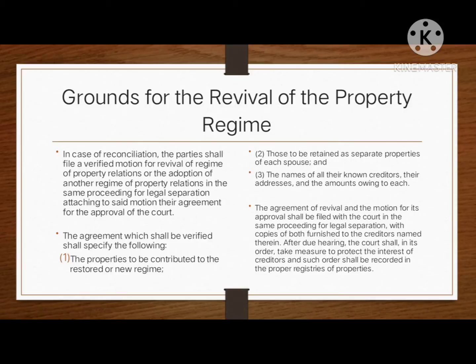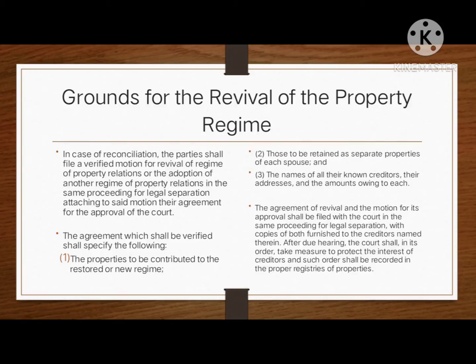So the agreement shall specify the following. First, the properties to be contributed to the restored or new regime. Since the properties are separated, the properties that will be contributed to the revival of the regime will be specified. Second, those to be retained as separate properties of each spouse.